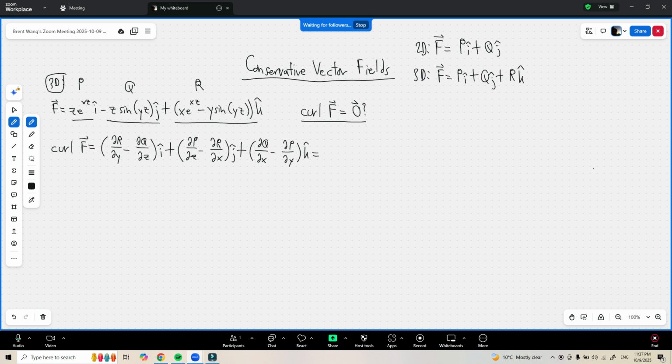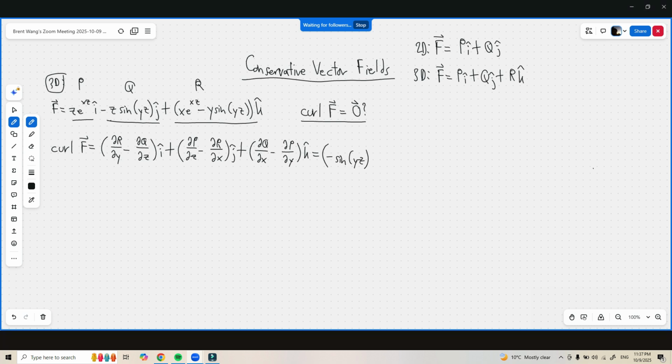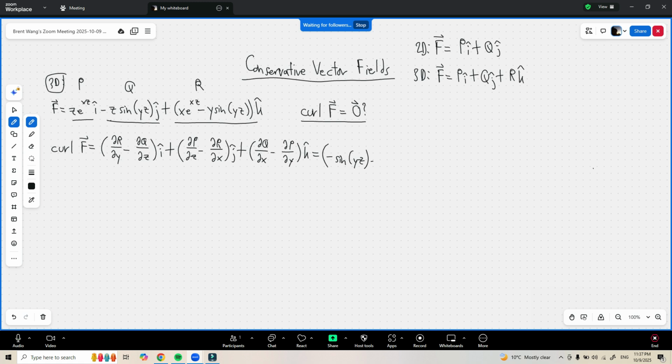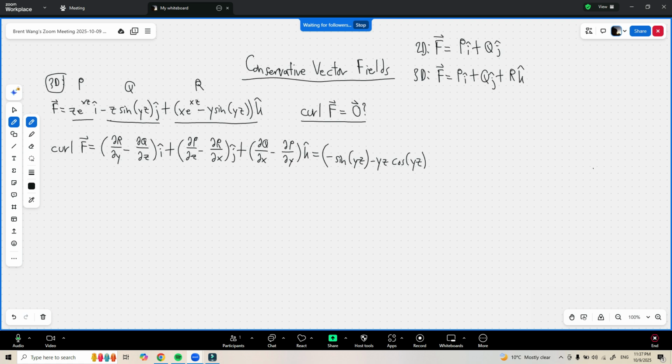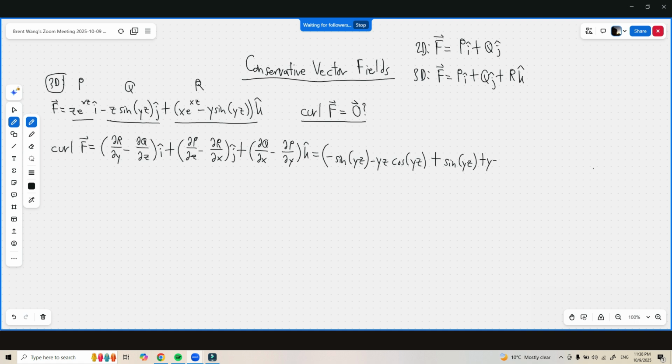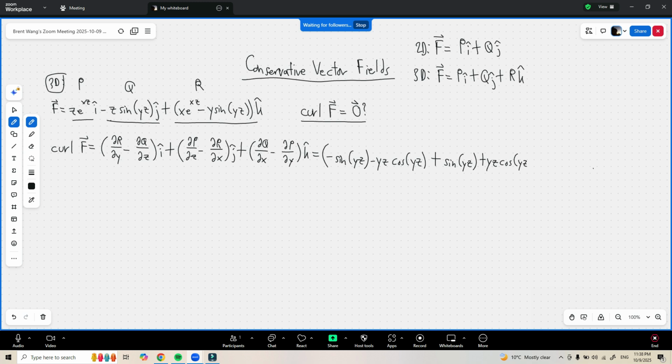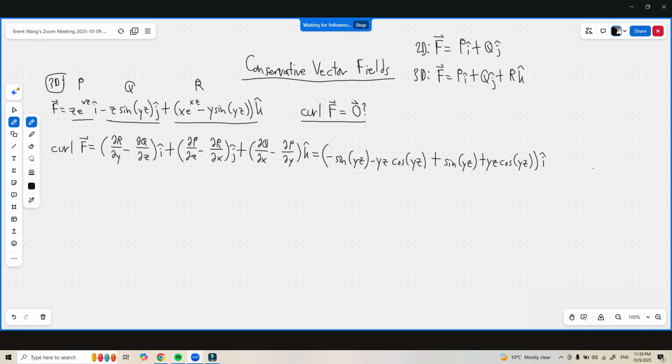∂R/∂y is equal to negative sine yz minus yz cos yz. Minus ∂Q/∂z: minus and minus becomes plus, so this is plus sine yz plus yz cos yz in the i direction.